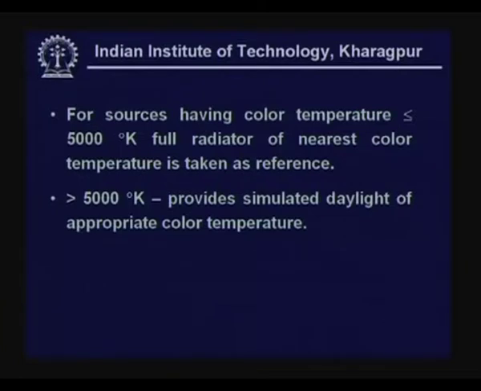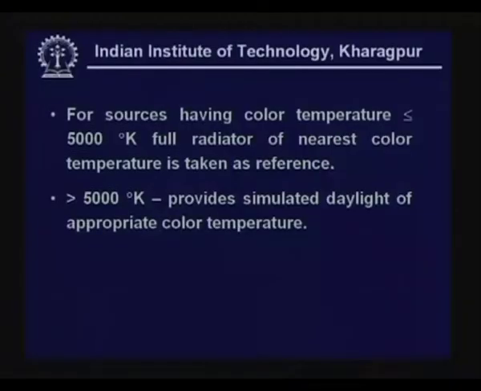So, although we said the best thing would be to use natural daylight conditions, the sources have been classified based on color temperature into two categories: less than 5000 degrees Kelvin and greater than 5000 degrees Kelvin. For those less than 5000 Kelvin, one can take a full radiator of nearest color temperature as reference. For those more than 5000 Kelvin, one can take a simulated daylight of appropriate color temperature.